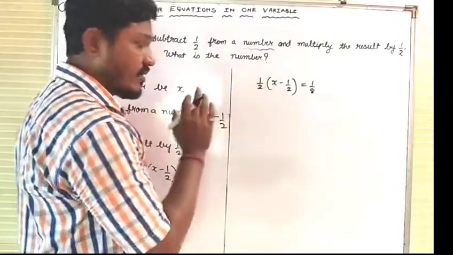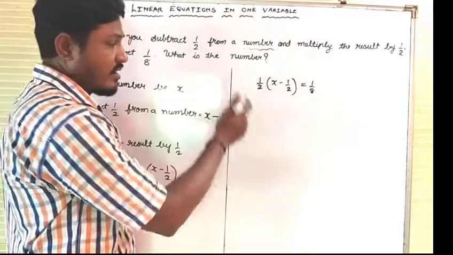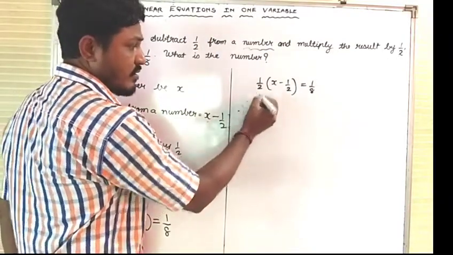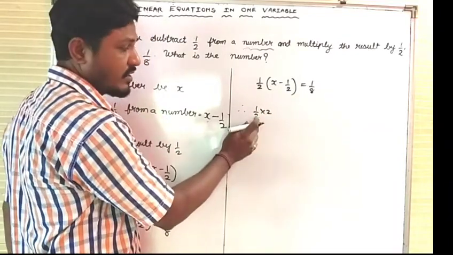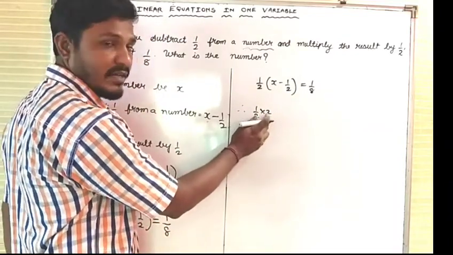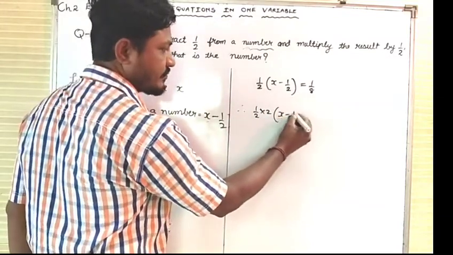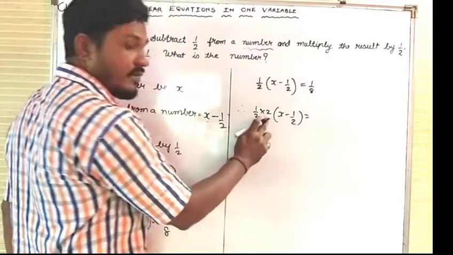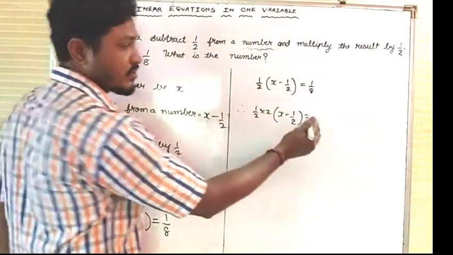First of all we need to cancel this 2. Our same rule: if a number is in division form, I will multiply by it so that it gets cancelled. Whatever value I take on the left hand side, the same value you have to take on the right hand side also.